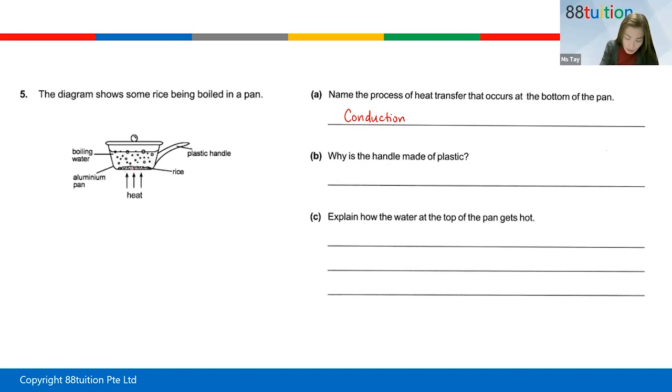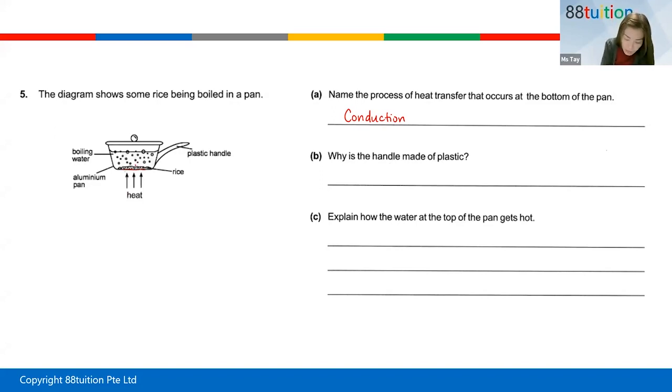Firstly, the aluminum pan gets the heat by conduction, because the heat is applied to the pan. Then the pan gets heated. It has a lot of heat energy, and because the rice is directly in contact with the pan, heat is transferred to the rice from the pan via conduction also. This part you can understand, right?